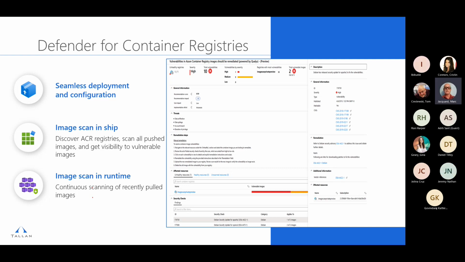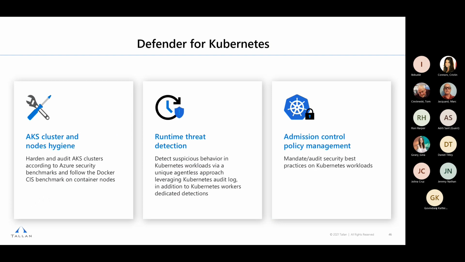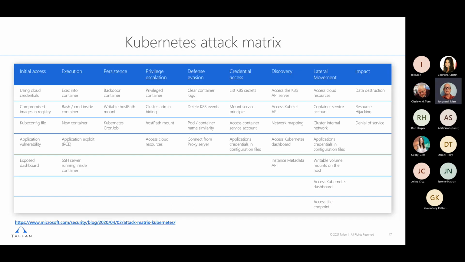And it will protect the environment, your containers and your registries. It works across Kubernetes, your clusters, real-time threat detection and prevention, right? Policy management, all of that. I mean, an attack matrix, if you look at the matrix, it's really no different. It's just applied to a container.